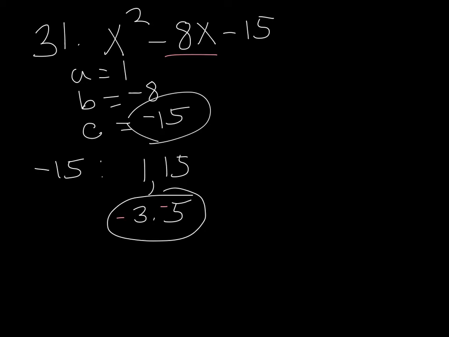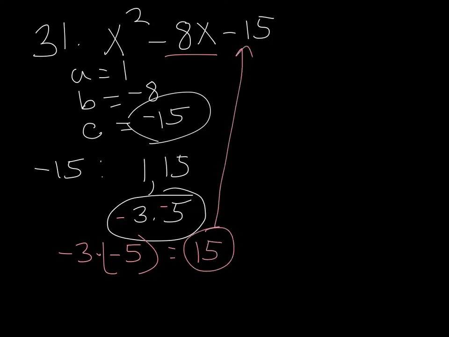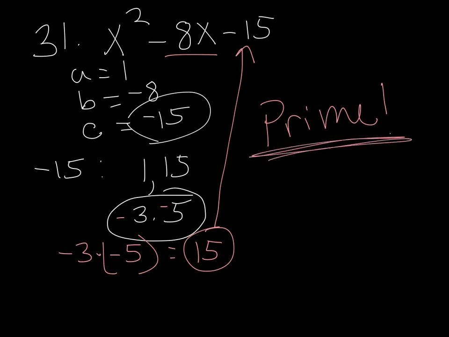But the problem that we have with this is if you multiply a negative 3 times a negative 5, you get a positive 15. That is not the same as a negative 15 up here. So with this particular problem, we would say that this is prime. Okay? Meaning it cannot be broken down into factors that are integers. Might be possible to do it with fractions, but not with just integers. So we would say it's prime.